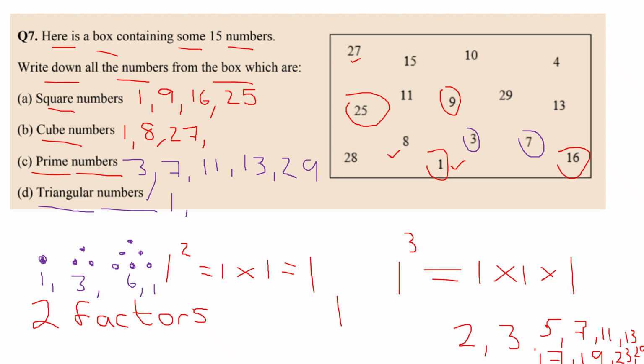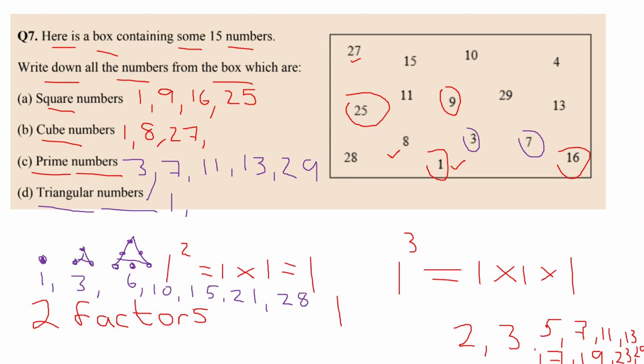Then it goes 10. Then it goes 15. Then it goes 21. Then it goes 28. So you make these so-called triangles, and you count the number of circular dots that I have.